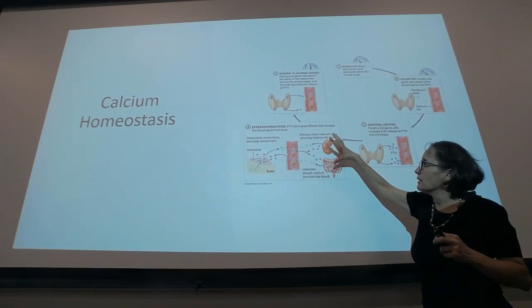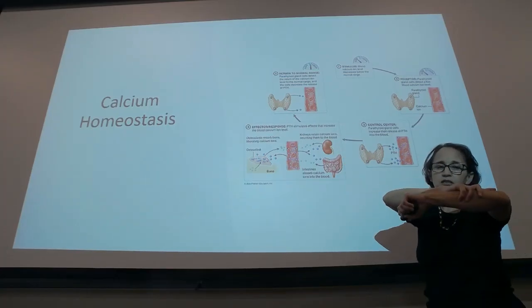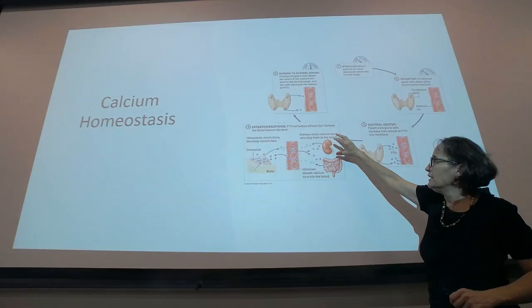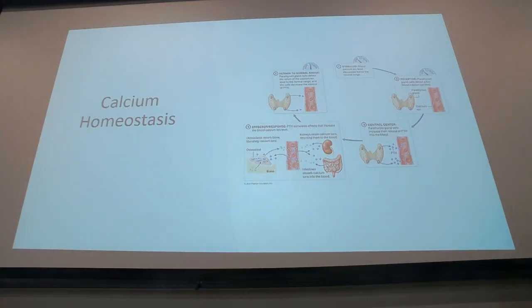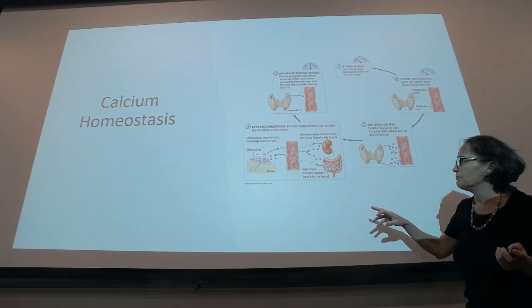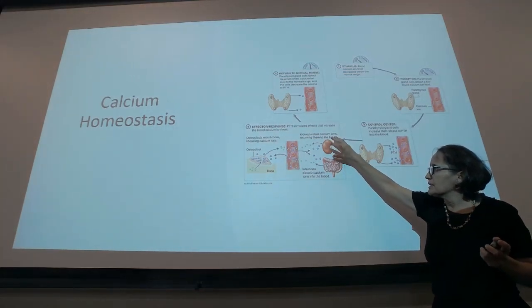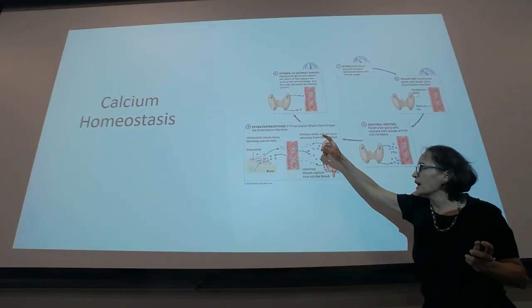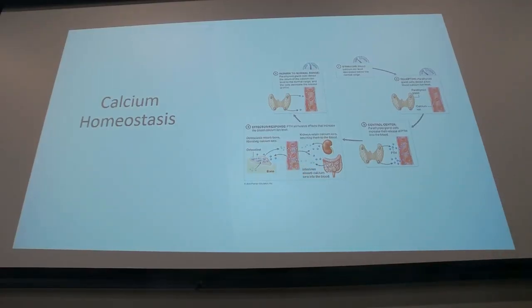Something that happens with vitamin D is that skin initiates the process, and then the kidneys and the liver complete the process of maturation of this vitamin D, and the kidneys and the intestines also absorb calcium. Calcium goes up in your bloodstream, and then you regulate it to normal levels.